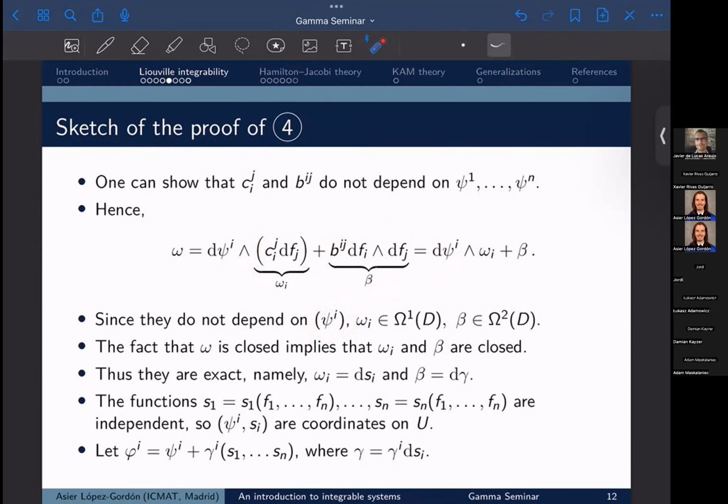I am using slightly abusive notation: we can identify this as a one-form on D and this as a two-form on D, because they only depend on the Fs, which, as I mentioned before, are coordinates on D. In addition, omega is closed, so these forms on D must also be closed. But this is an open set of Rn, so they must be exact since they are closed. So we can write omega I as the differential of some function Si and beta as the differential of some one-form gamma.